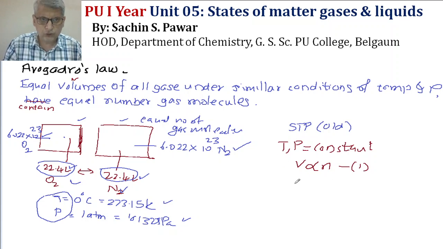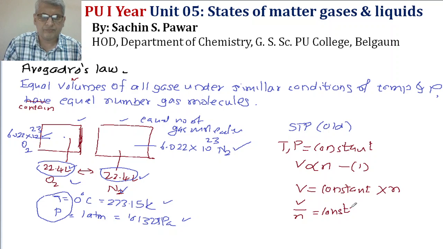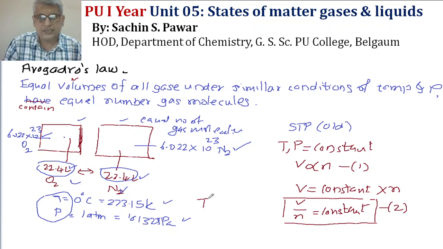If you remove the proportionality sign, then I can write volume as constant into n, and if I take n on this side, it becomes V by n is equal to constant. So, according to Avogadro's law, I have got another statement: at constant temperature and pressure, the ratio V by n is always constant.